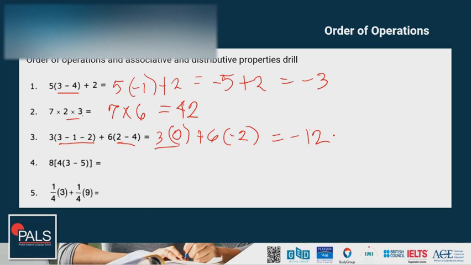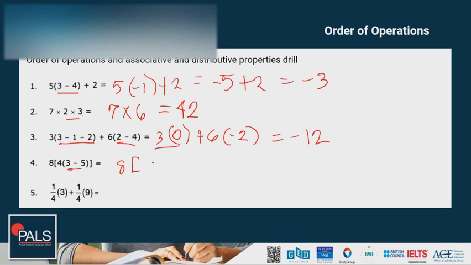Now, number 4. Okay, we have brackets, we have parentheses. Now, in this type of question, especially if you have multiple parentheses or brackets, you should always work out the inner parenthesis or the inner bracket. So let's start with 3 minus 5. So let's copy the other numbers. 8.